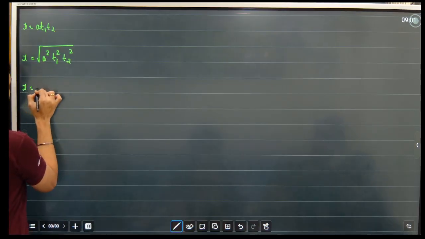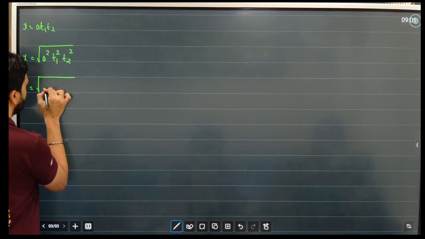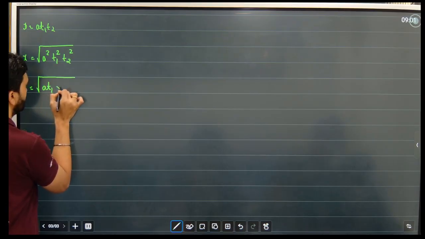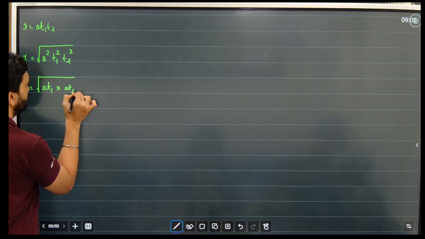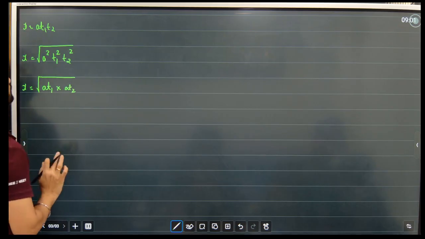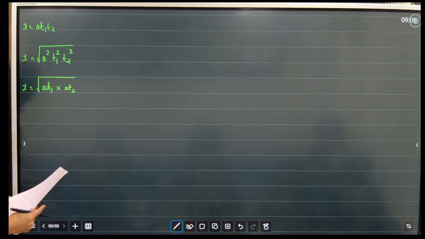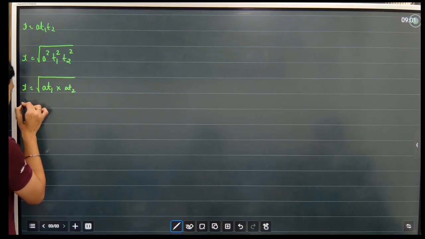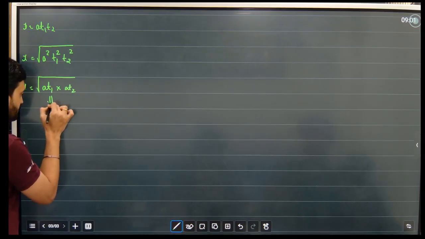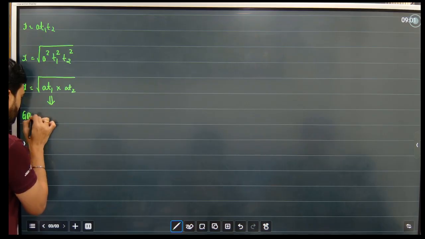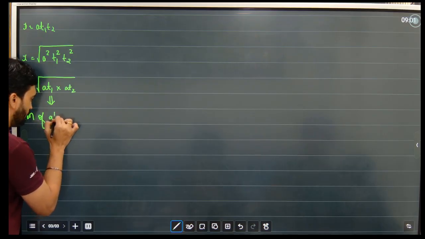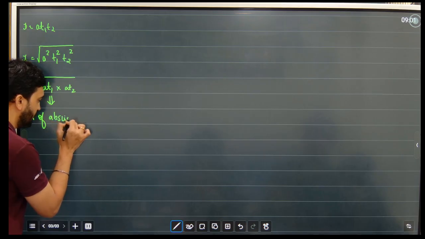In other words, x = under root of (a t1)(a t2), because if I take the square root, I get a t1 into a t2, which is nothing but the geometric mean of the x coordinates, and the x coordinate is called the abscissa.